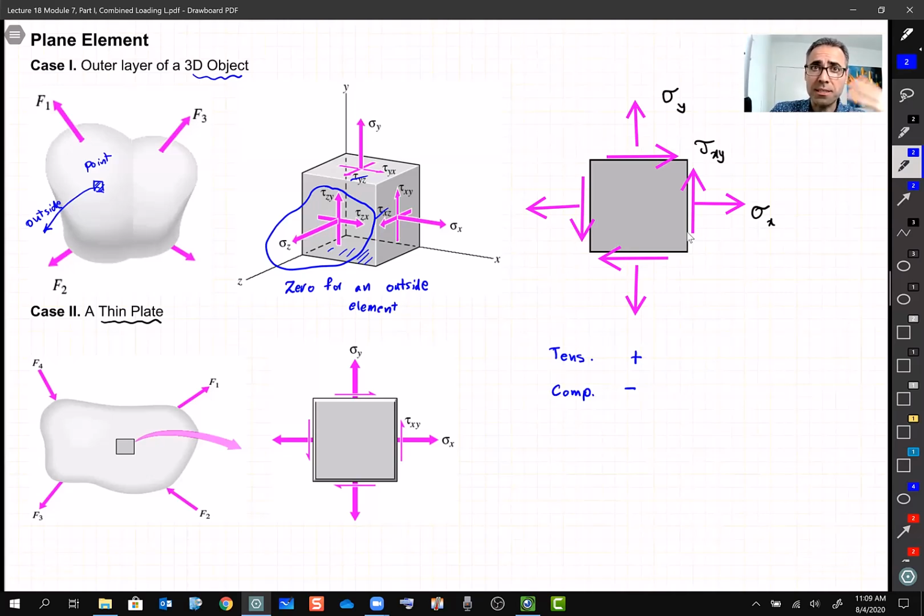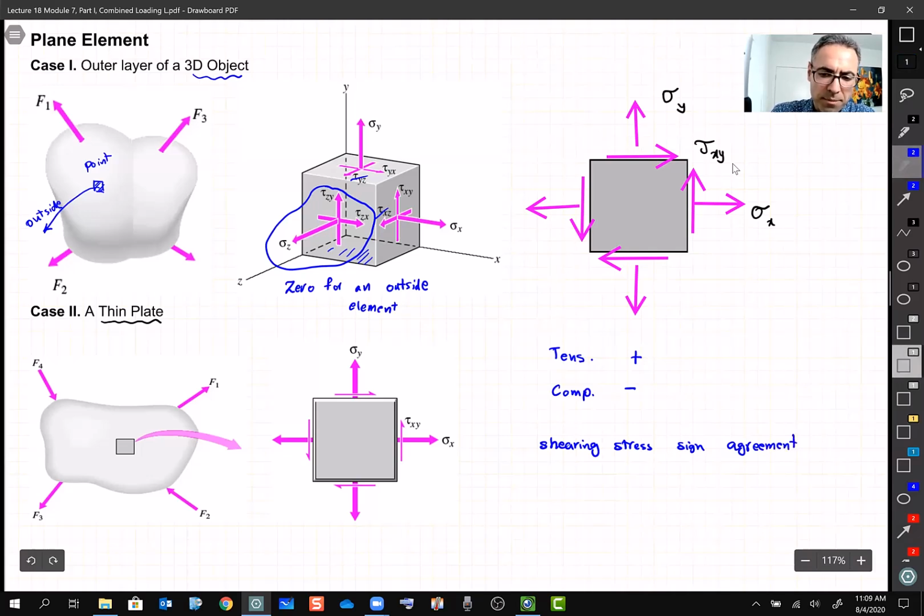For shearing stress, always there is no sign. But we need to agree on something. So anytime we want to write down, instead of writing tau xy and then getting confused whether it is up or down, we just make an agreement. Shearing stress sign agreement. And this is our agreement.